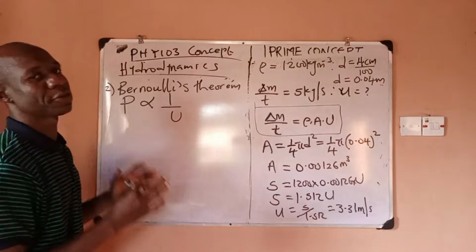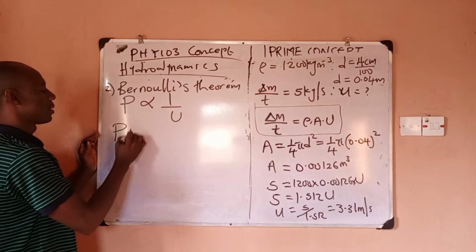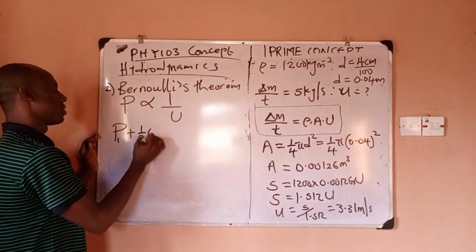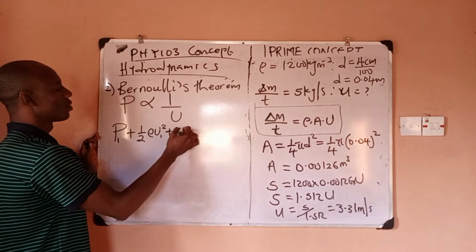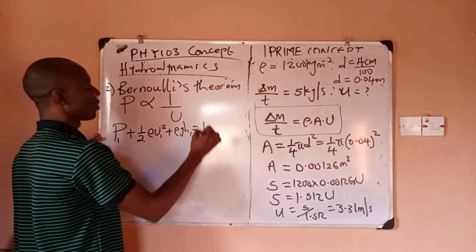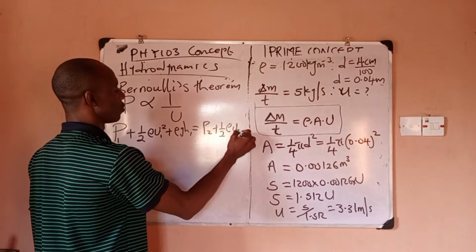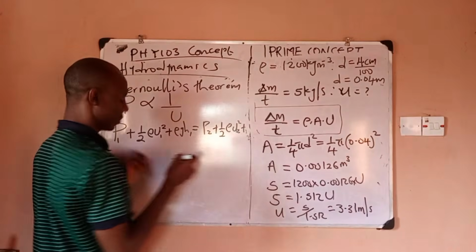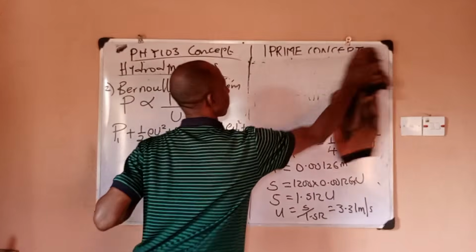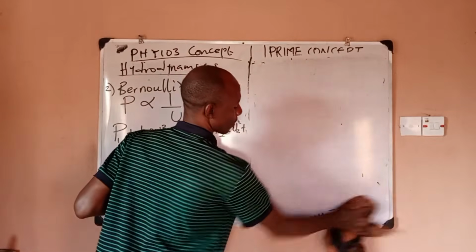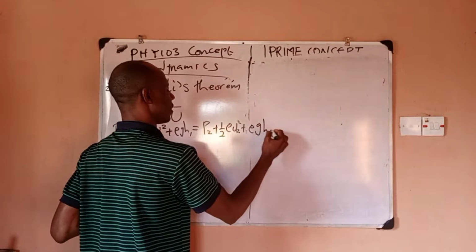The mathematical form of Bernoulli's theorem is P1 plus half rho u1 squared plus rho gh1 equals P2 plus half rho u2 squared plus rho gh2.